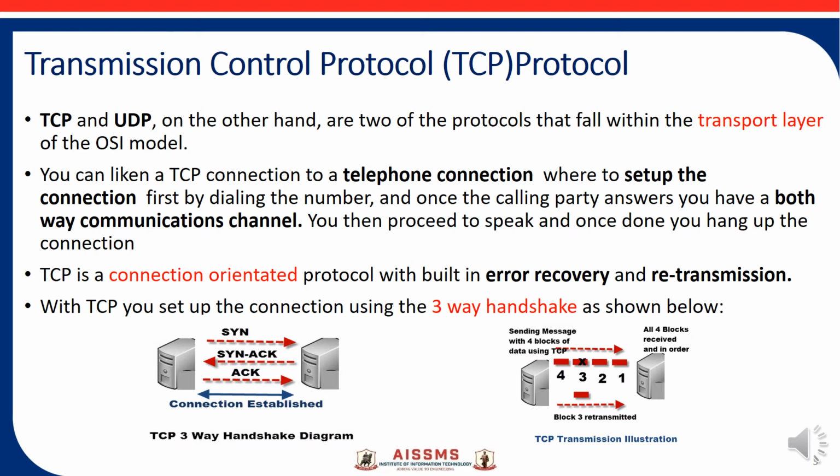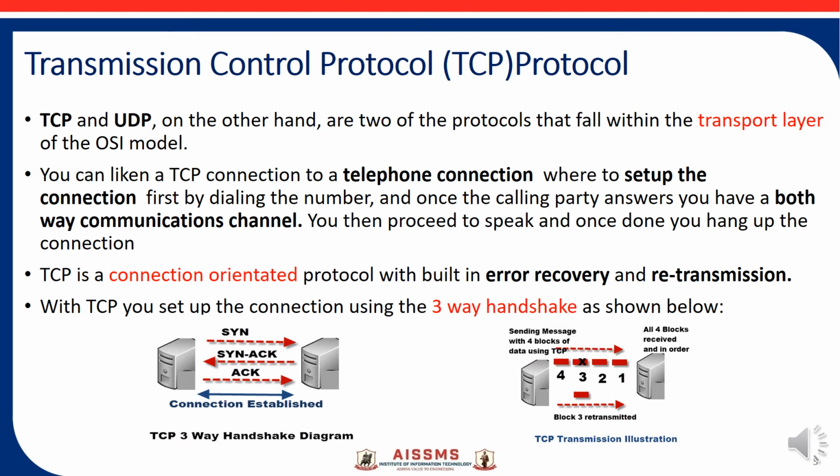These 4 blocks are sent by the sender to the receiver. Remember that in TCP, it is mandatory that the order in which you send the packets or blocks is the same order in which they are received by the receiver. That means order is maintained in TCP communication.